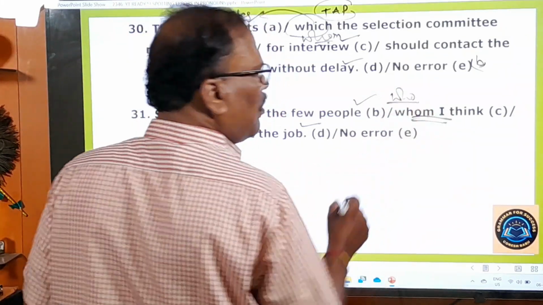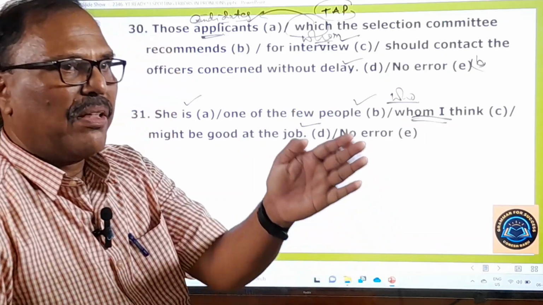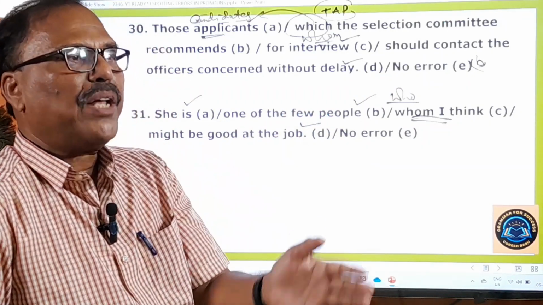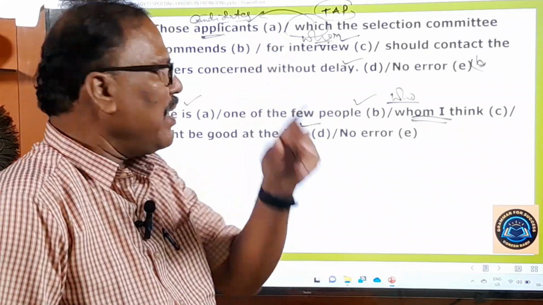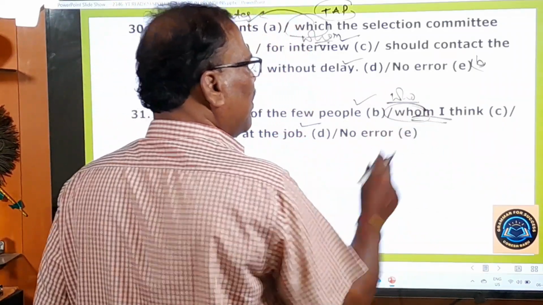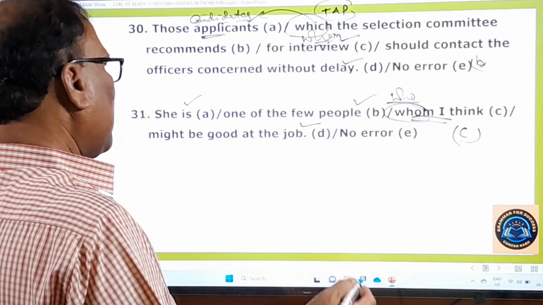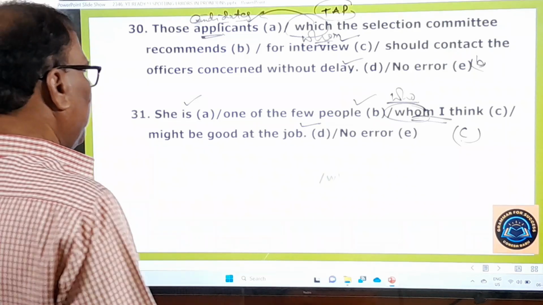I have just now told you, in the place where whom is to be used, they give you who, and where who is to be used, whom is given. So here who is to be used, but wrongly whom is given. That's why the C part is a mistake. Who I think is correct, but whom I think is not correct.